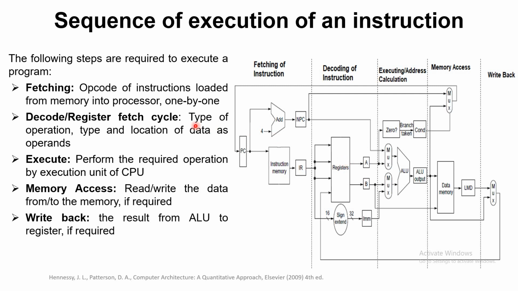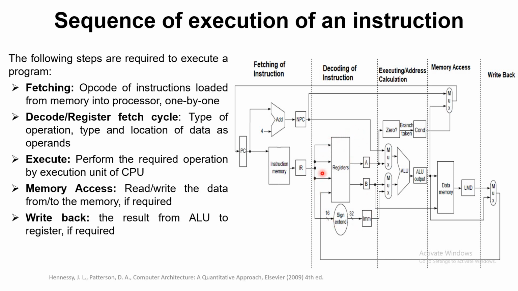In this stage, the processor will decode the received opcode from the instruction memory and try to understand what type of operation has to be performed, and what is the type and location of the data or the operand which we have to use during the execution of this particular instruction. All these things are done within this section.